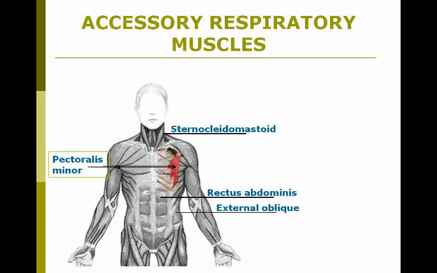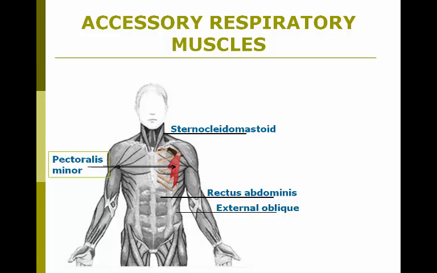The accessory respiratory muscles are muscles that will assist the diaphragm and the muscles we just looked at previously with respiration, and they're only operating when forced or labored inspiration or expiration is taking place.